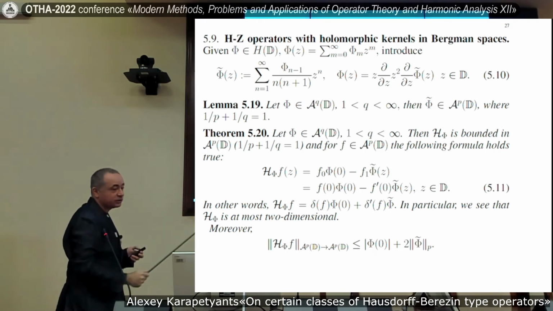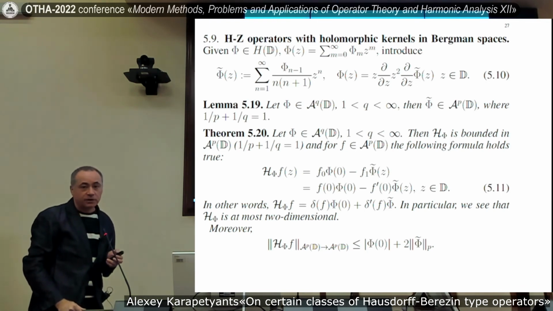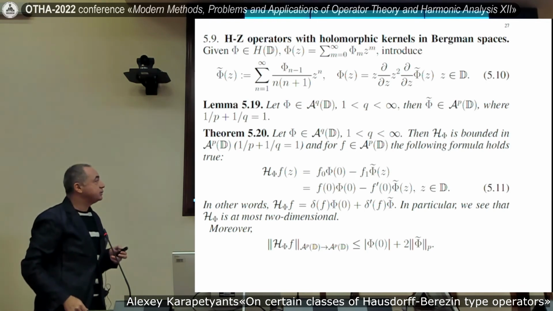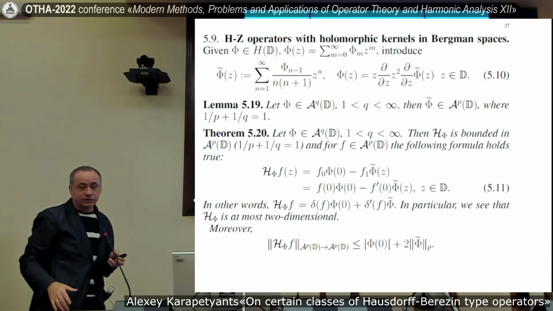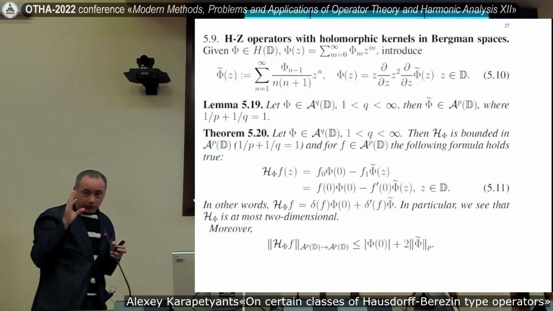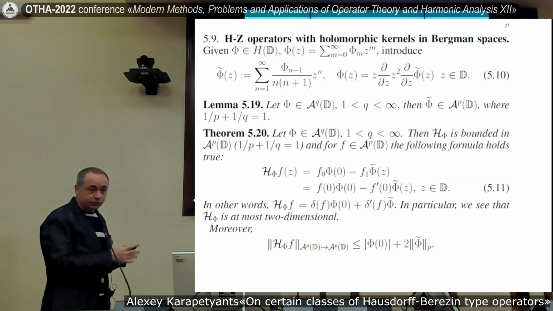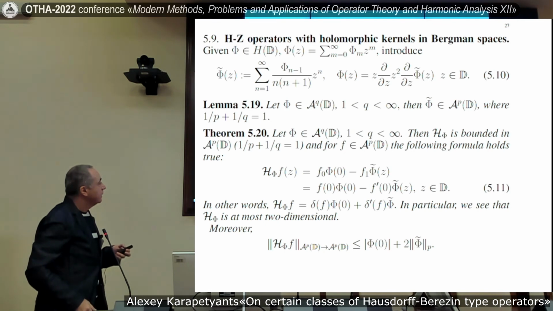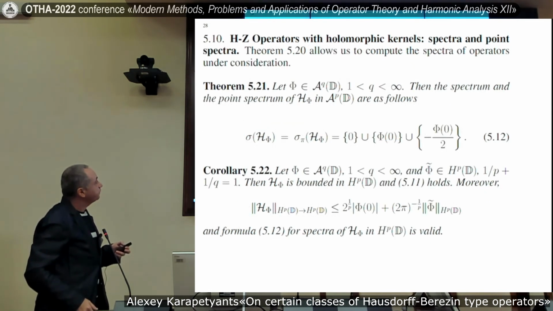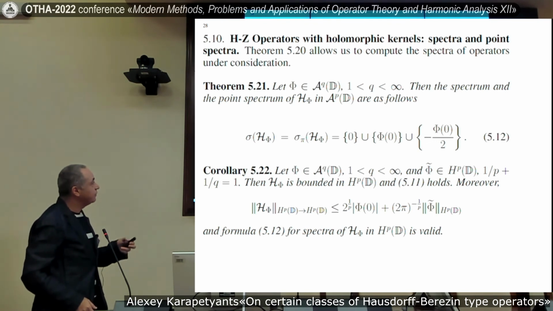It preserves only the zero coefficient and the first coefficient from the function f. And that's it. So this is a really small operator for a holomorphic kernel, instead of the previous case when it was the almost diagonal case. Okay. So having this nice information, we can prove spectral properties, etc.